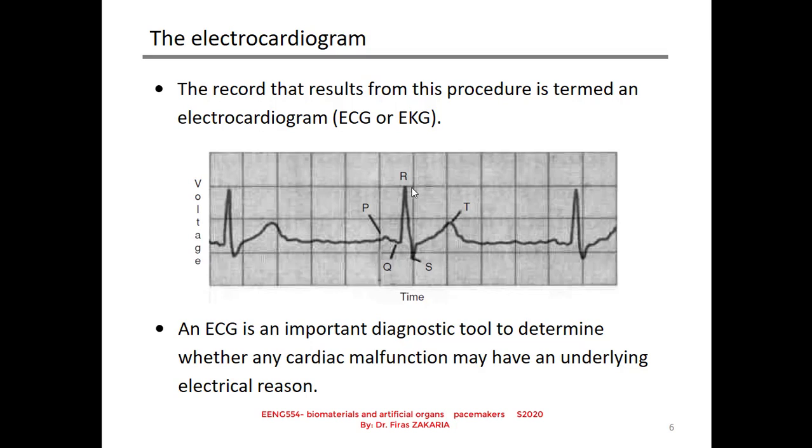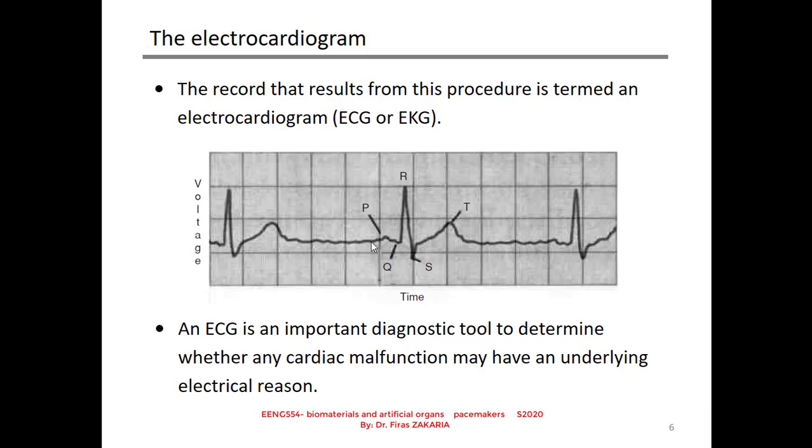The QRS segment, or QRS complex, includes the Q wave, R wave and S wave. These waves occur in rapid succession. That's why we call them the QRS complex, and they represent the electrical impulse as it spreads through the ventricles. They indicate ventricular depolarization.